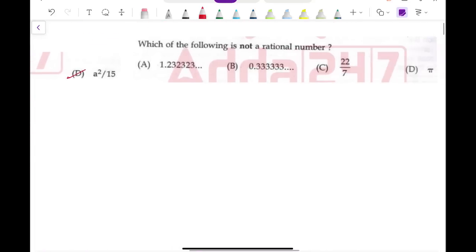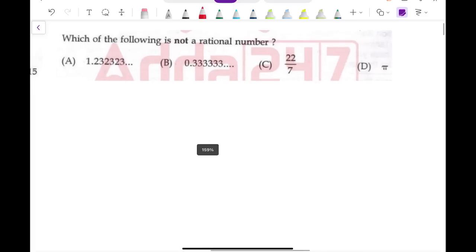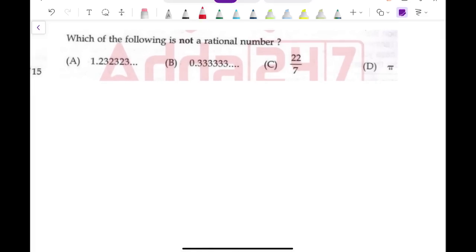Now the question can also be like this: which of the following is not a rational number? So I'll just give you an idea of what a rational number is. A rational number simply means any number that can be written in fraction, p by q form, but q should not be equal to 0. Any number that can be written as a fraction means 2 by 3, 4 by 5, or any kind of fraction.